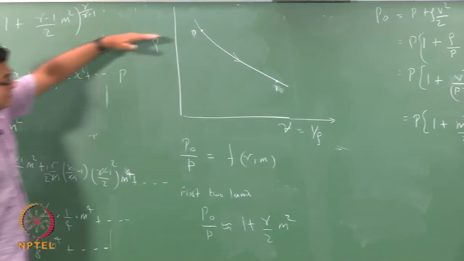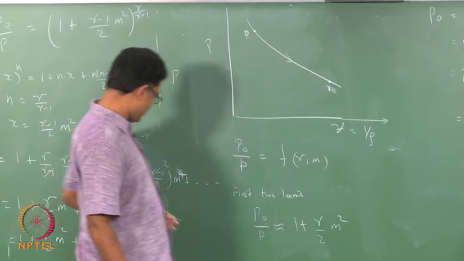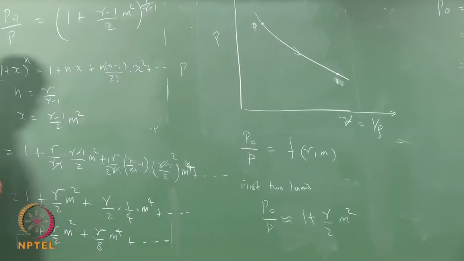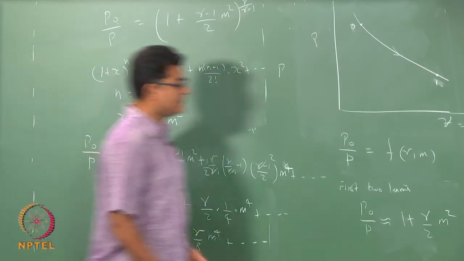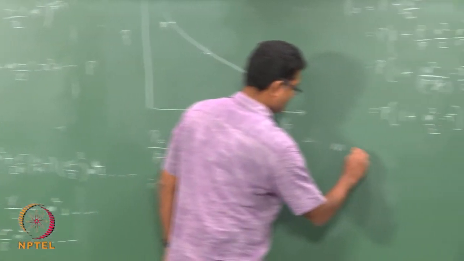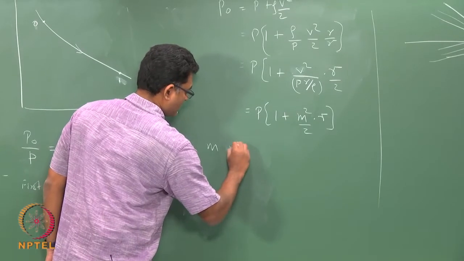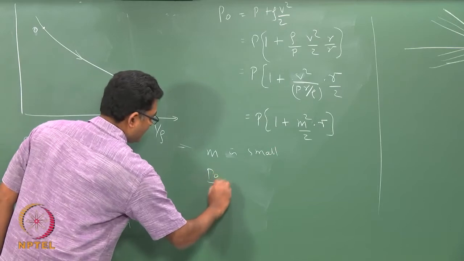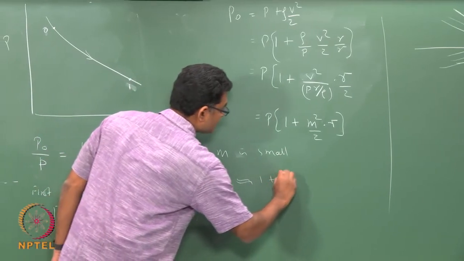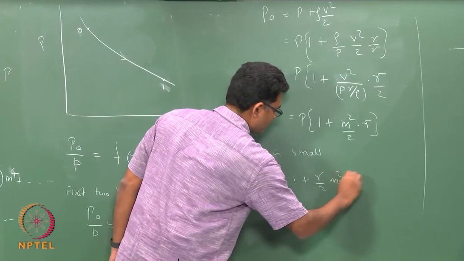So, if your Mach number is very small, I can assume P0 by P is only the first two terms. So, if the Mach number is small, my P0 by P approximates to 1 plus gamma by 2 M square.